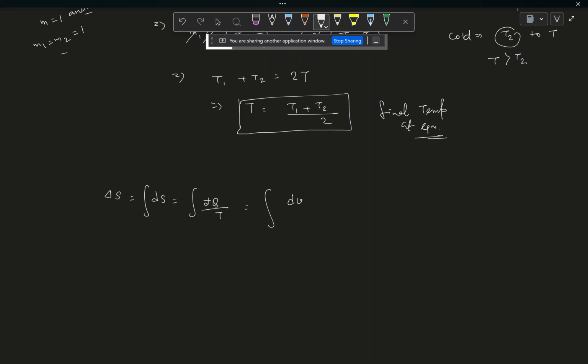So only dU plus P dV is dQ as per the first law of thermodynamics. So dV is equal to 0, so there is no work done because no volume change.